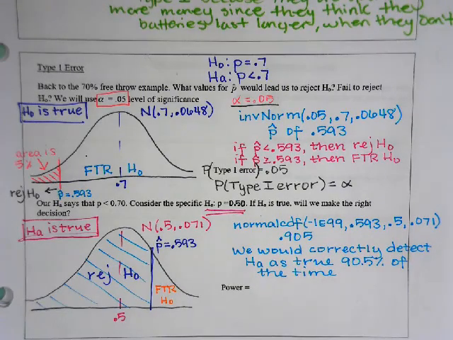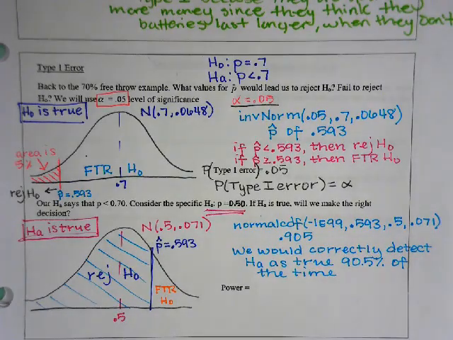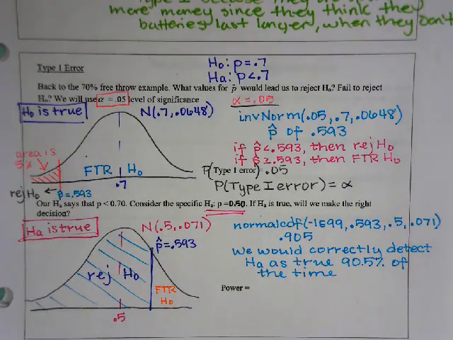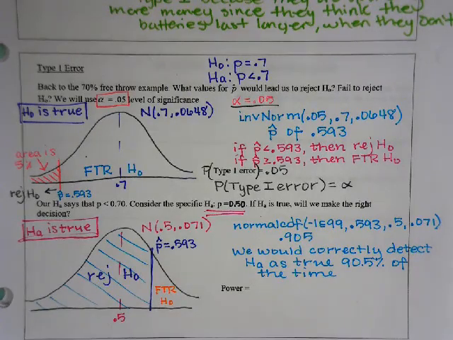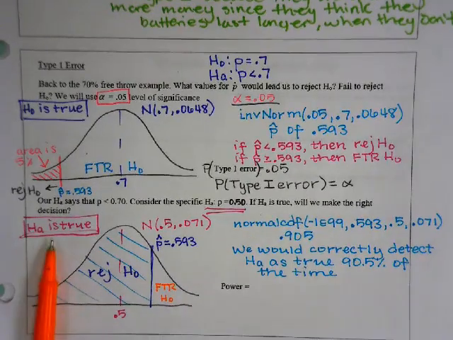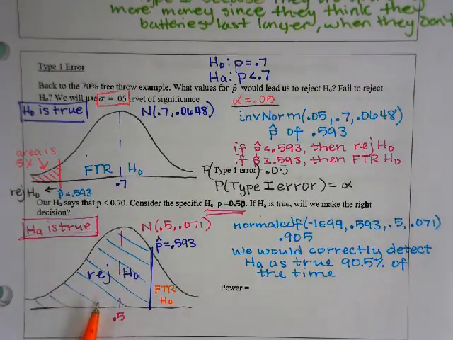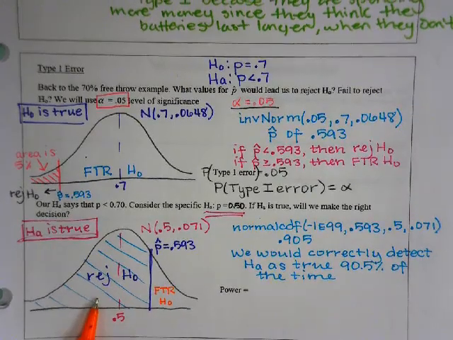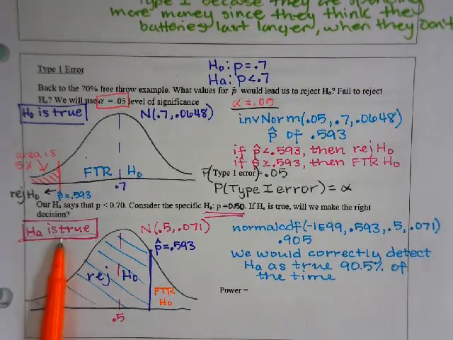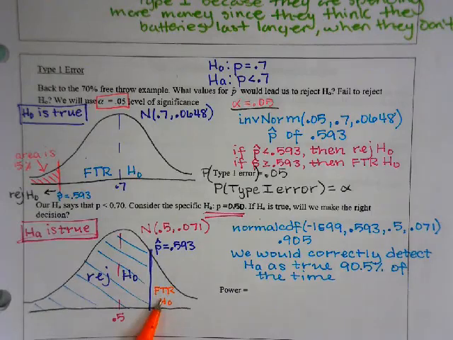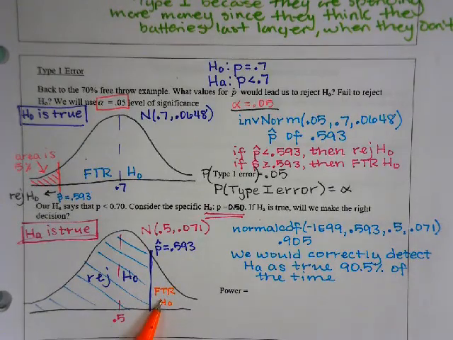So we assumed the alternative was true. We found the probability we reject the null. What if the alternative is true and we fail to reject the null? What is that called? Type 2 error. Thank you, Seth. So the area over here would give us the probability we make a type 2 error.